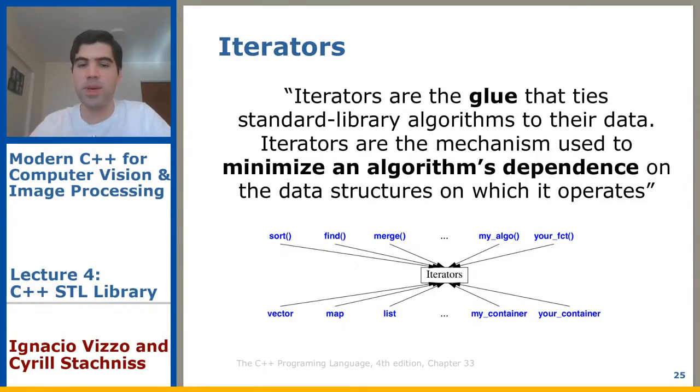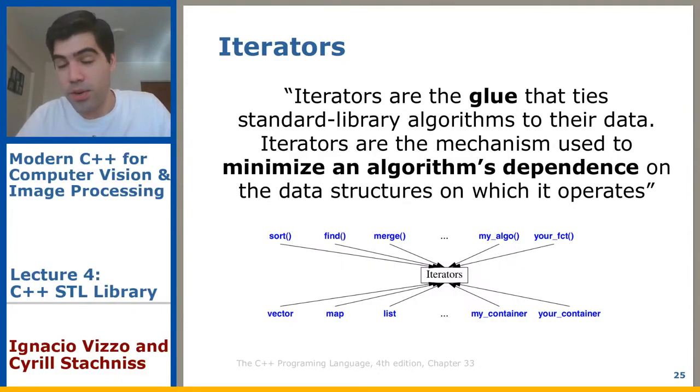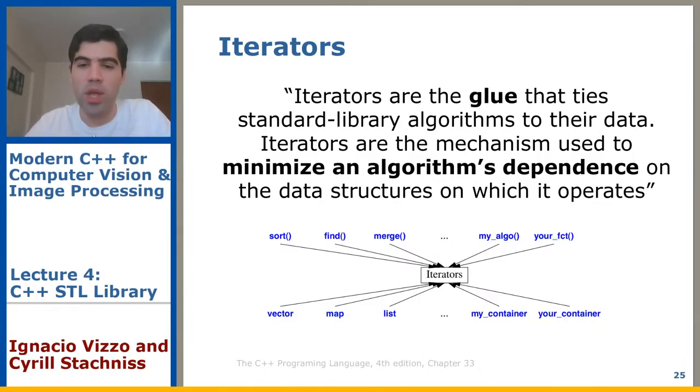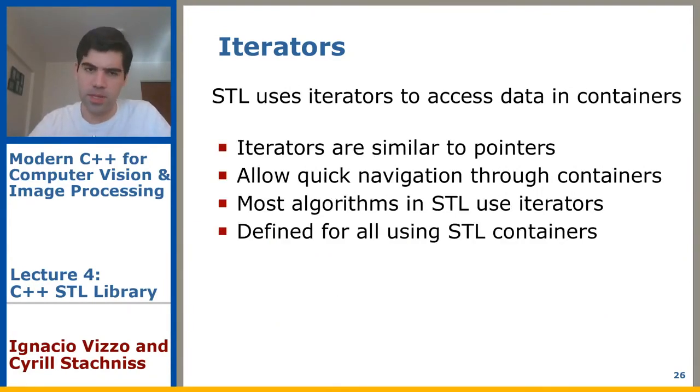So by just inspecting the sort function, you will not be able to know to which data it has been applied, right? We will see more about generic programming when we reach templates in C++. But this is a way of doing generic stuff in C++, and it's using iterators. So this is a really key concept in C++.